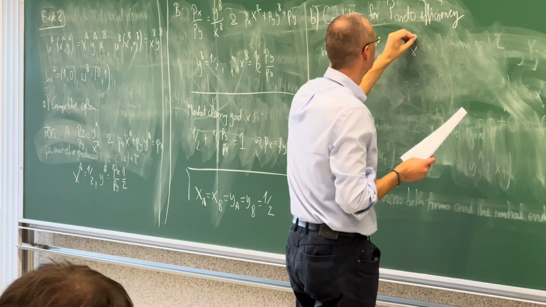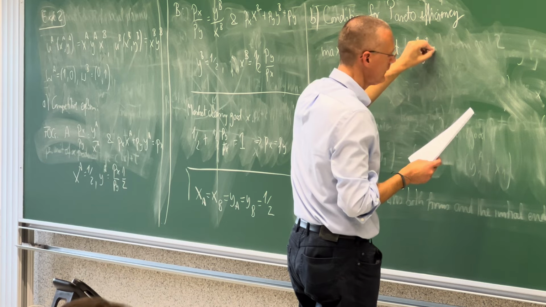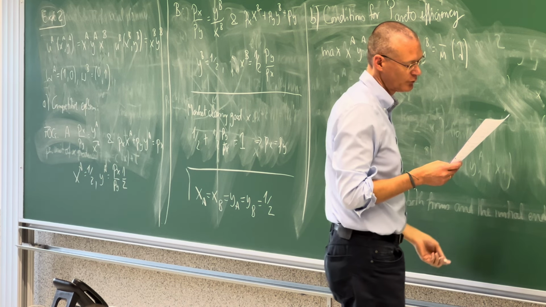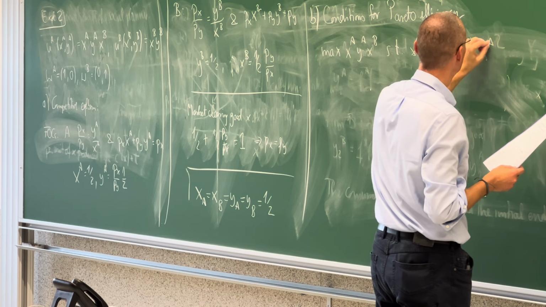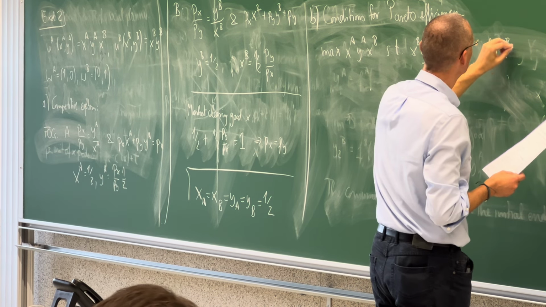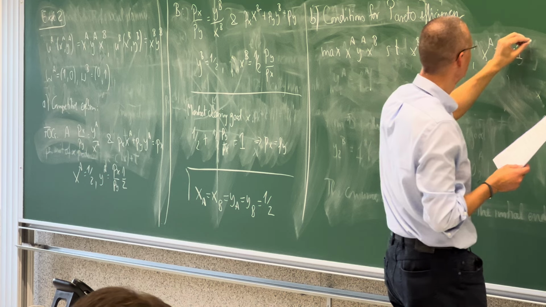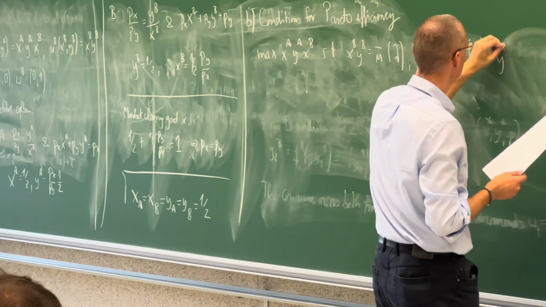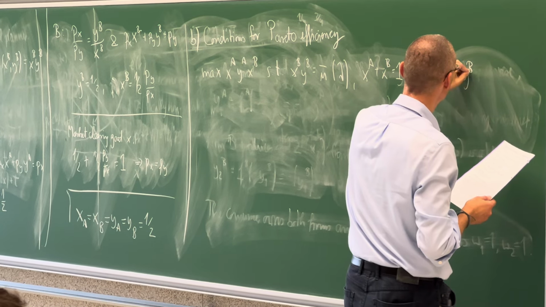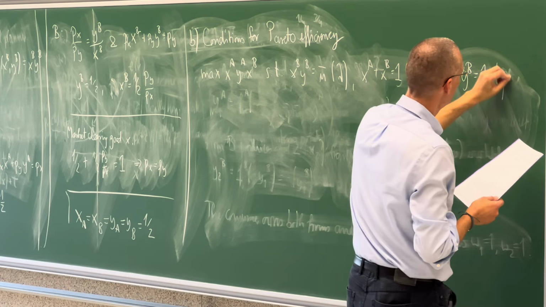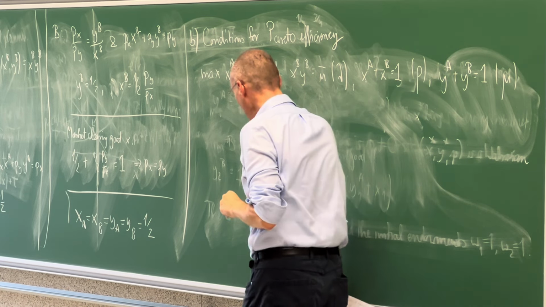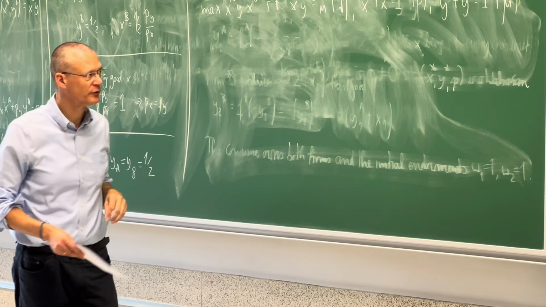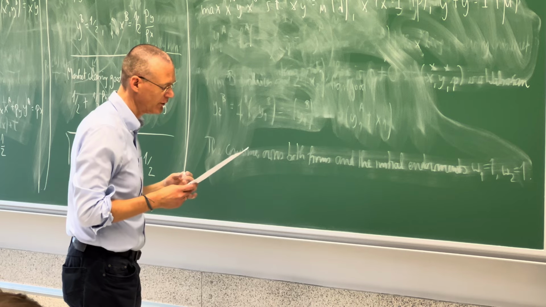This is how I do it here, with UB equal to the upper bar, with multiplier lambda. And then we have the two resource constraints: XA plus XB equal to 1, and a similar resource constraint for Y. First of all, these have to be non-negative amounts, and second, the sum has to be equal to 1.